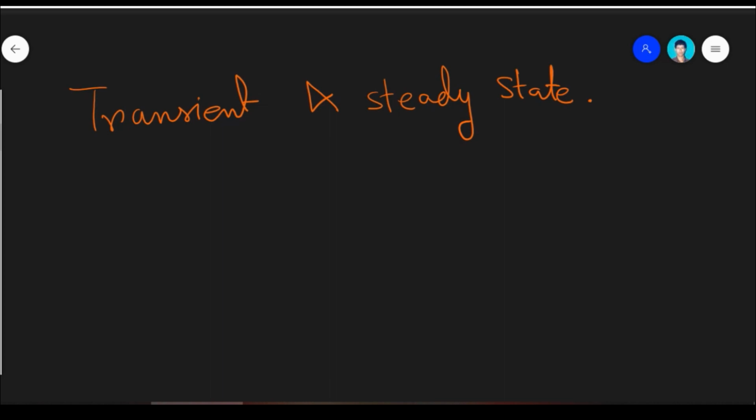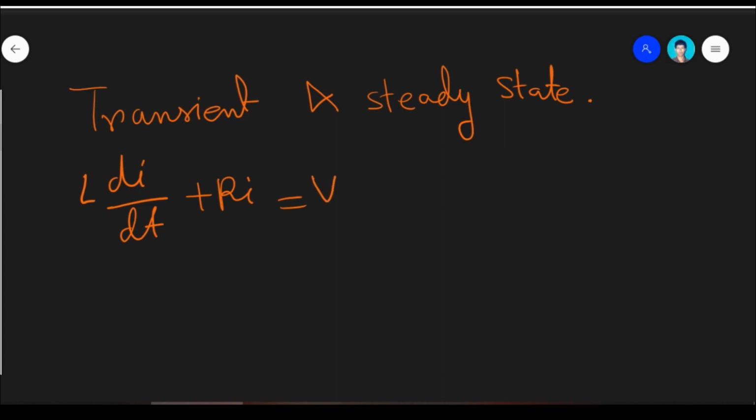If you can recall the KVL equation for a given RL circuit, it was like L di dt plus Ri is equal to V.